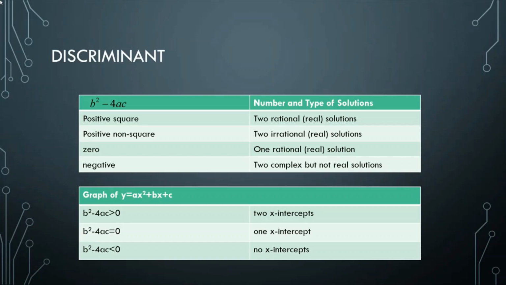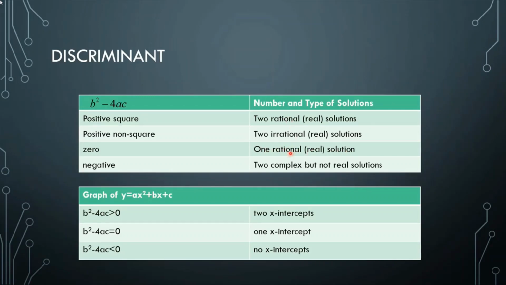So notice that if it's a positive square or positive non-square, you have two real solutions. And on this chart it gets a little specific, but both of these are going to be two real solutions. If it's 0, then you have one real solution.